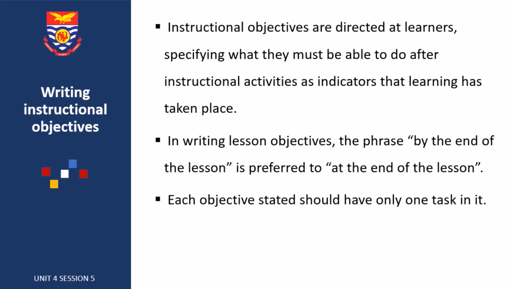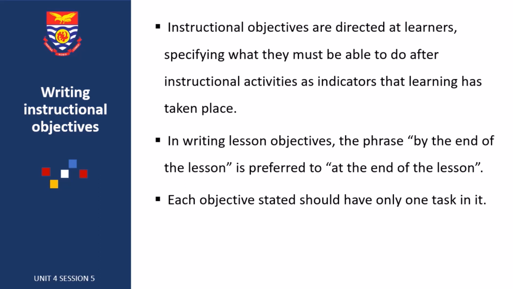Each objective stated should have only one task in it. Don't state an objective that has multiple tasks. For example, stating an objective like "by the end of the lesson, the students will be able to explain and discuss," or "the students will be able to explain and state examples."